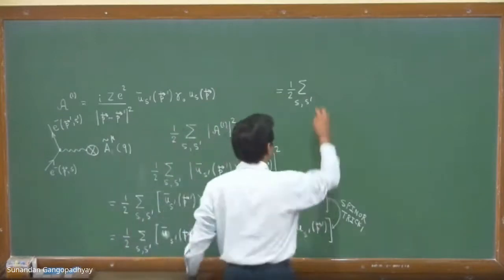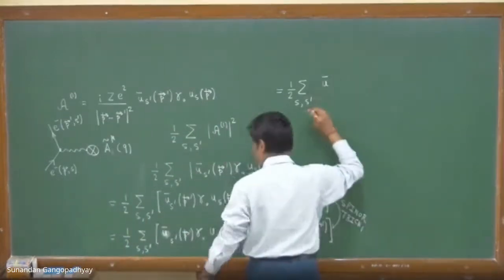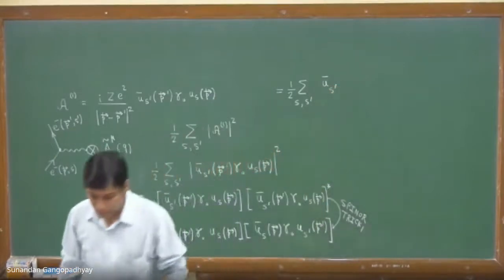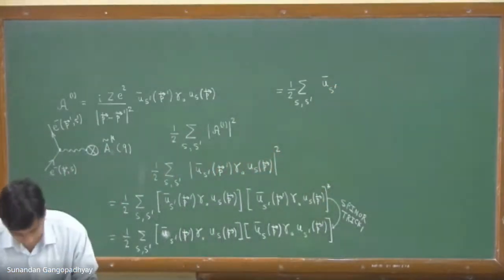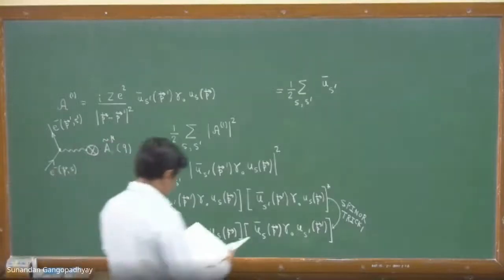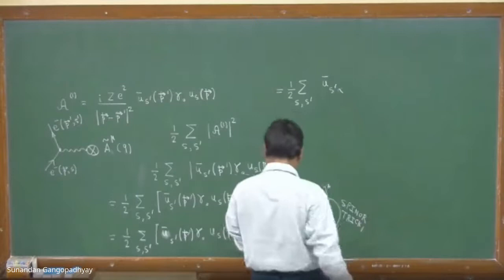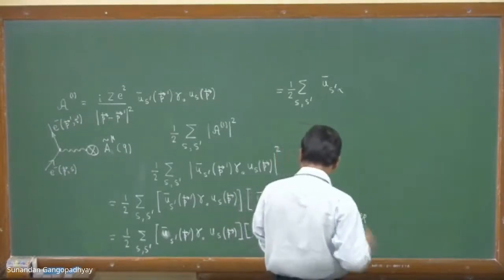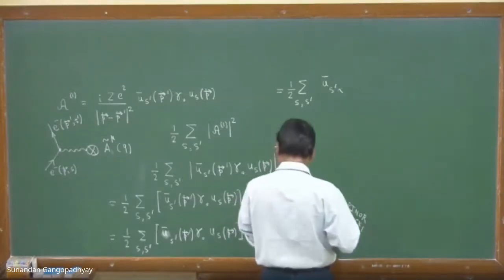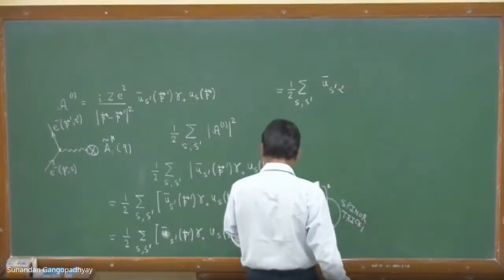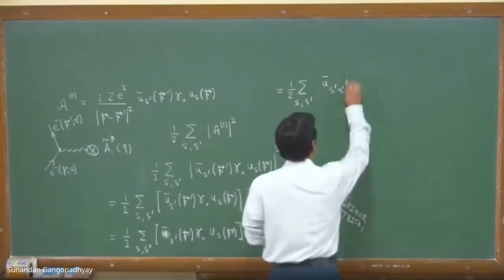So you can write this full quantity as u bar of s prime, with an index alpha.